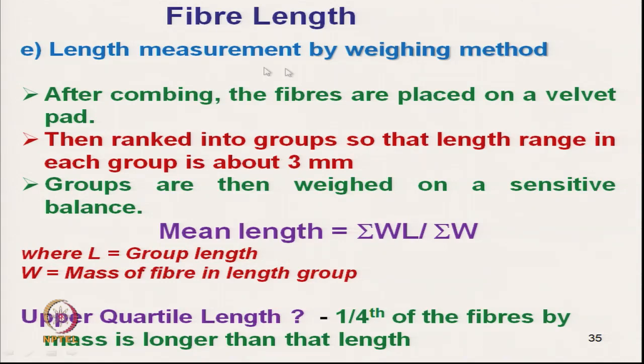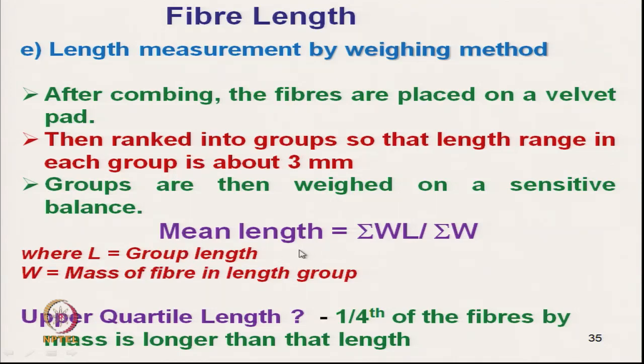Then we rank them into groups, so that the length range in each group is about 3 millimeter. So we are grouping the fibers into different length groups, and the groups are then weighed on a sensitive balance.